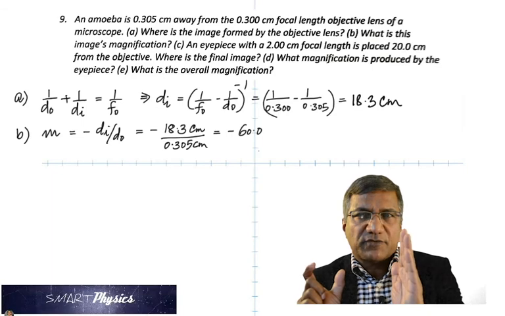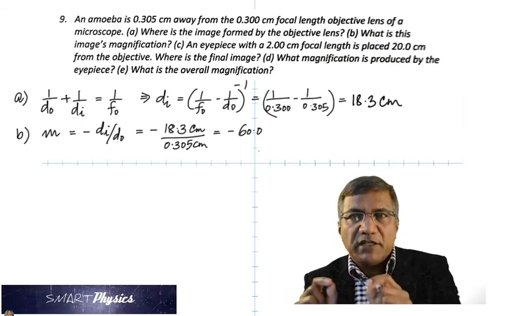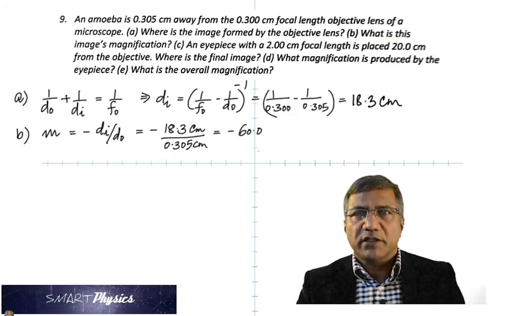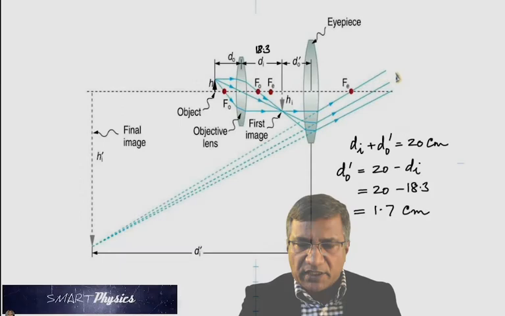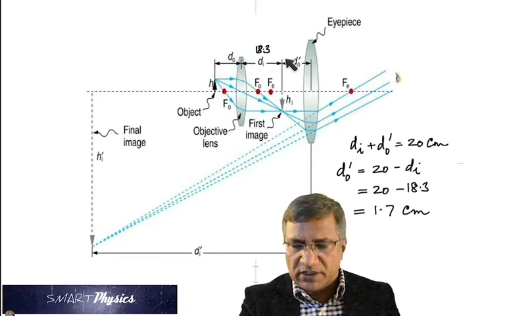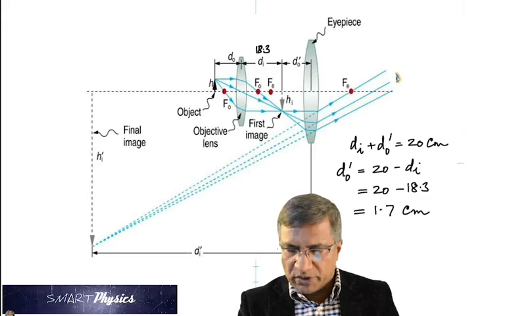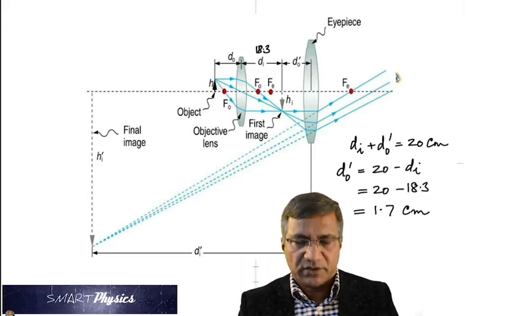So the distance from this image to the eyepiece is 20 minus 18.3. It produces an image here, and this is 20. So this is 20, this is 18.3, which means this is 20 minus 18.3, which is 1.7 centimeters.